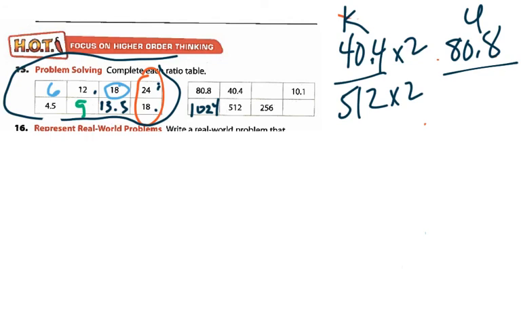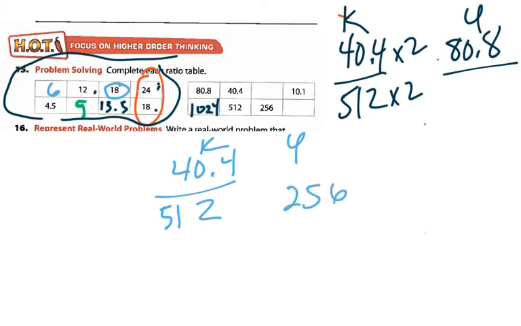And then if I have 40.4 for my K over 512, and I'm going to 256, well, what's 512 divided by 2? It's 256. So that means I have to divide my numerator by 2 also. So I would take 40.4 and divide that by 2 to get 20.2.